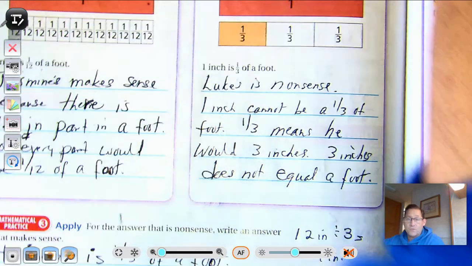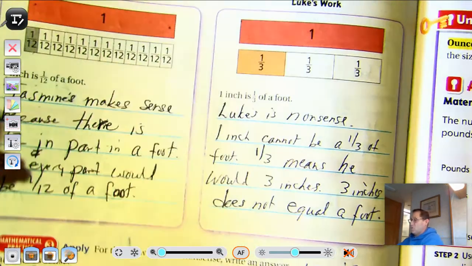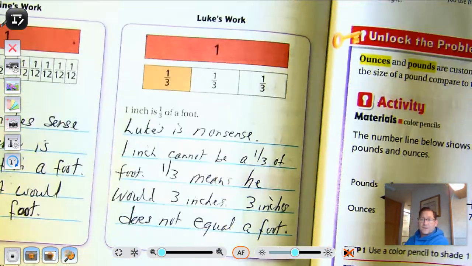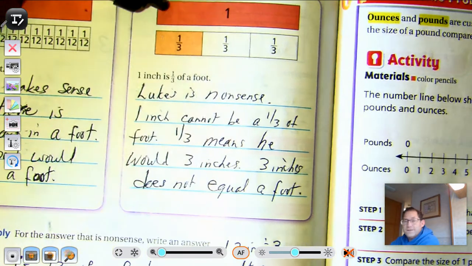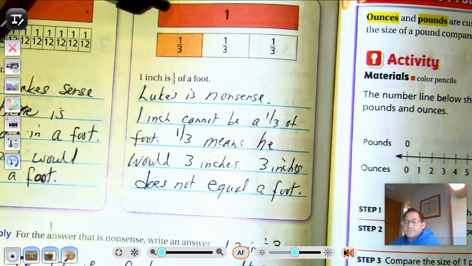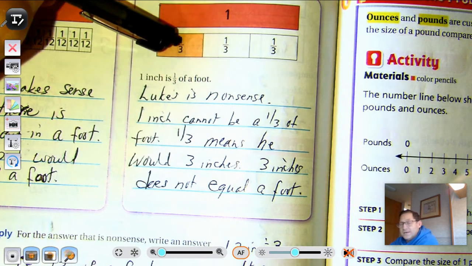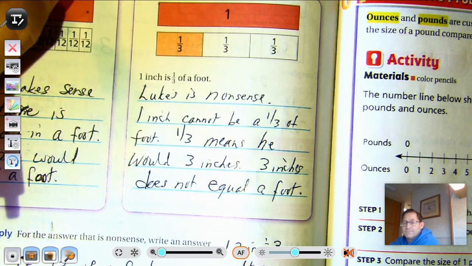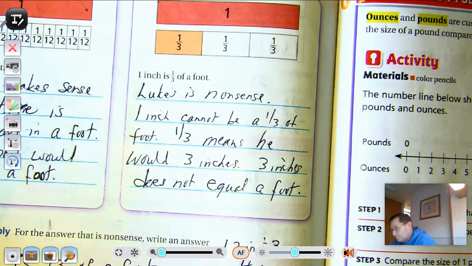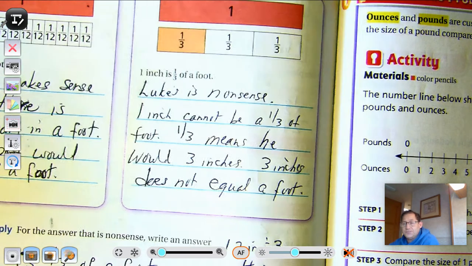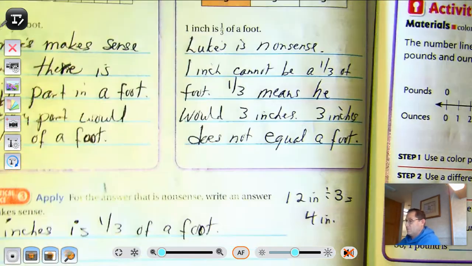Okay, so there's another way of looking at this that's true as well. What if this was 1 yard? Well, then 1 foot would be 1/3. Okay, so I'm going to add an answer to A too, just to show that there's a couple ways of thinking about that.